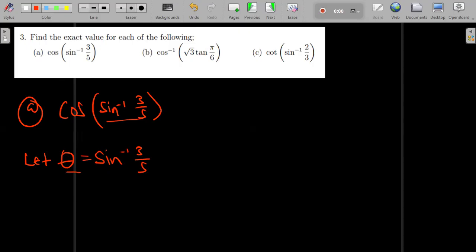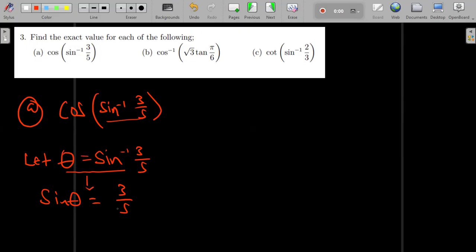So I know that this here can change into what? Sine theta is equal to 3/5, right? Okay, if you don't understand, please ask. So this is what we get from that expression on top there.